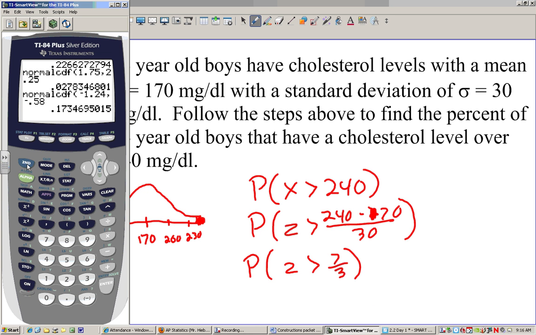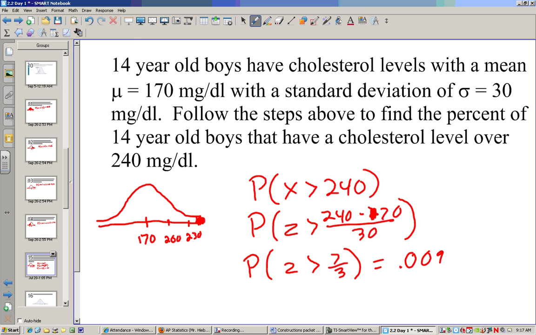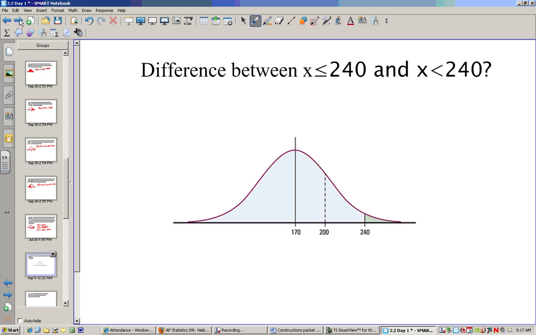So let's do normal CDF from 7/3 being my minimum to my maximum being infinity. So just pick a big number, and it's 0.0098. So less than 1% of the time, you'll find people with a cholesterol level over 240.